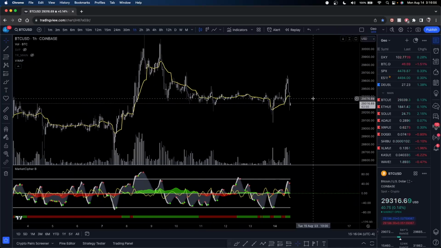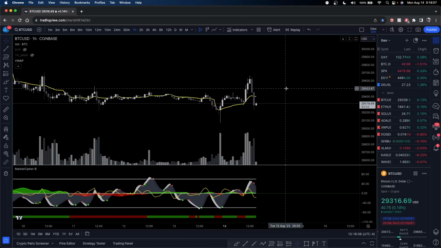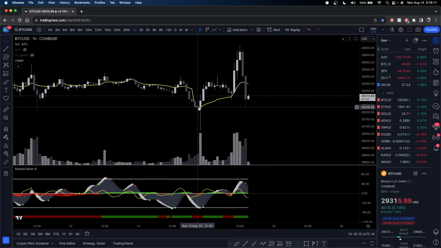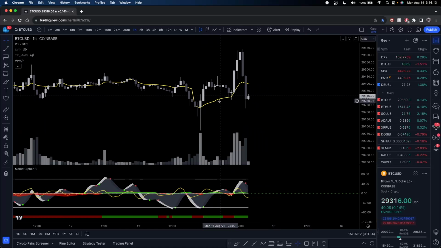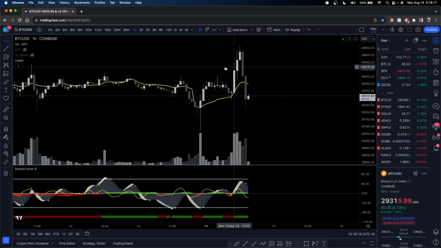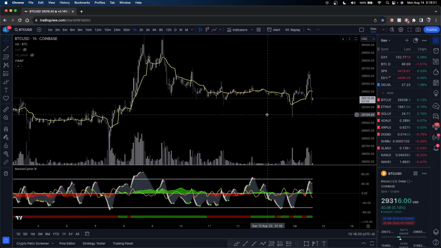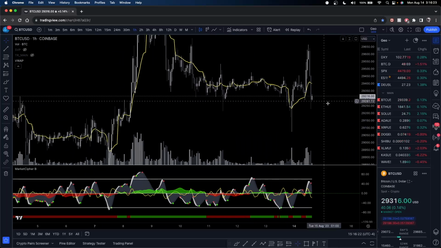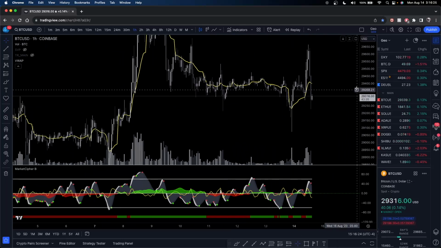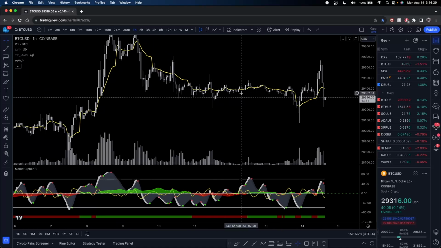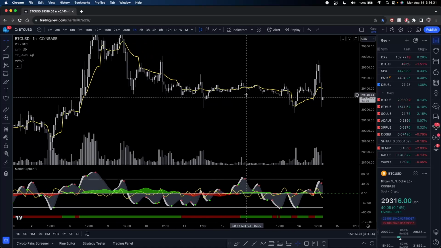It is a dynamic support and resistance line similar to your EMAs, okay? Dynamic, for those who may not know, means it moves with the price, right? When the candles move, it moves because it takes an average of your candles. The difference with VWAP is that at the start of a new trading day it will snap to price.